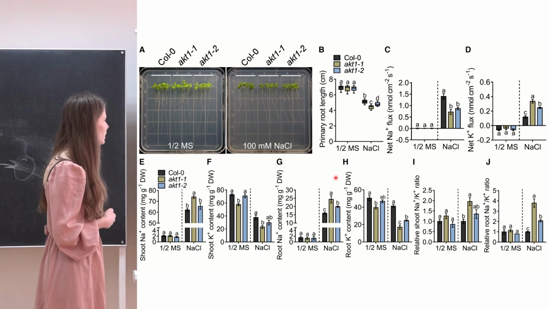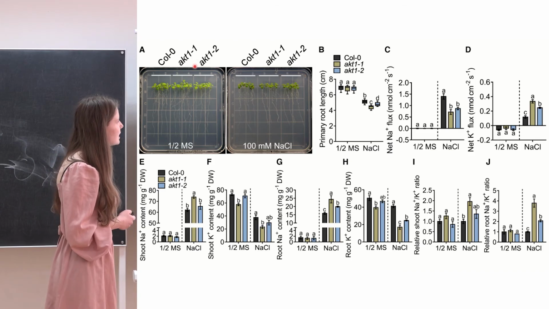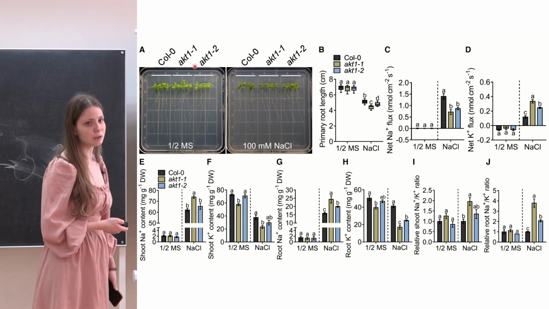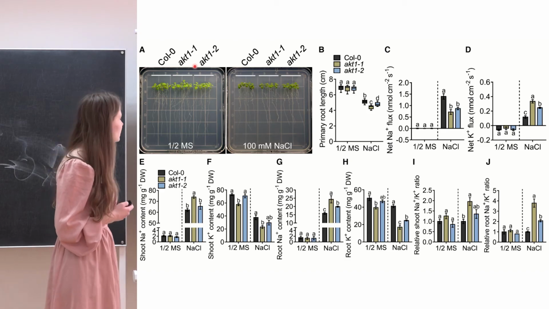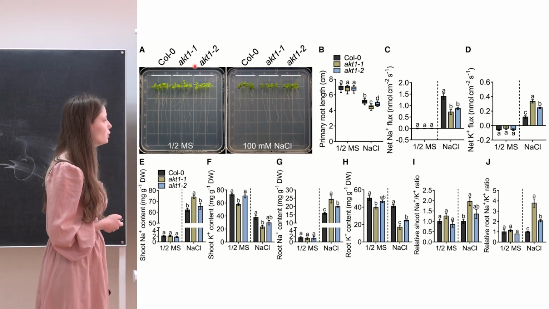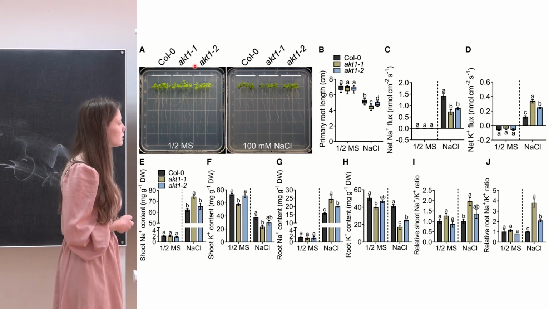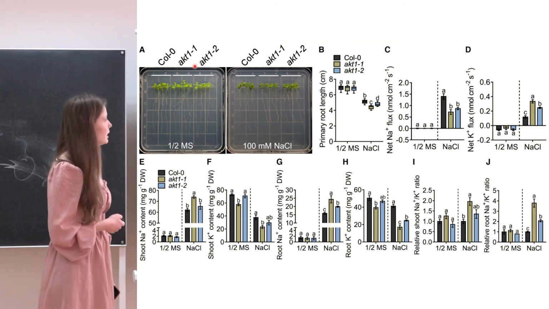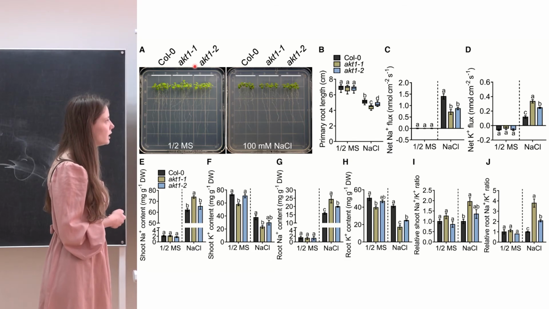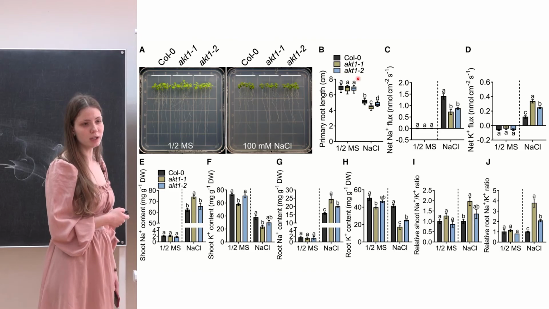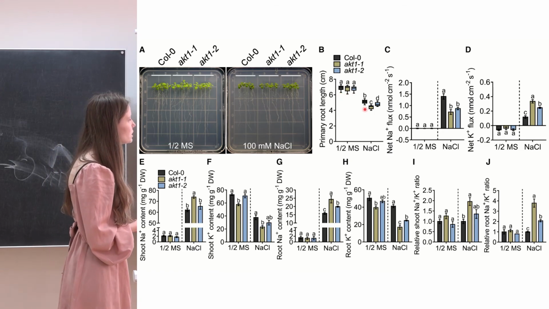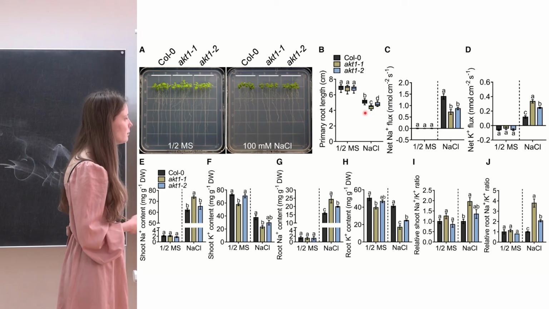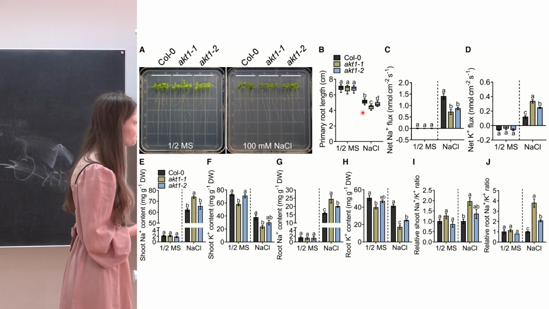И для начала они получают два мутанта AKT1 и смотрят, опять же, как у них меняется рост корней при засолении. Когда соли нет, у этих мутантов рост абсолютно такой же, как у контрольных растений. А дальше происходит снижение роста корней, когда мы добавляем натрий хлор.